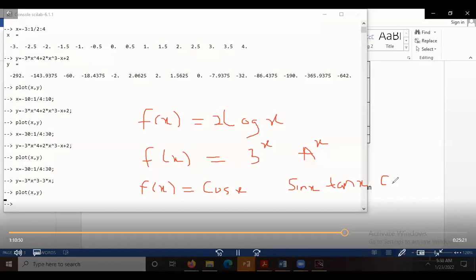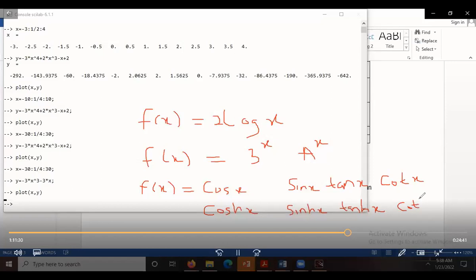Then we can have the hyperbolic functions, which are cosh x, sinh x, tanh x. We'll be looking at their relationships later in class. All of these functions are there. Then we have the cosec, the cosine. We have so many of them.